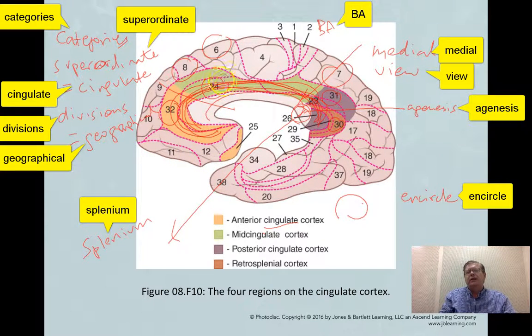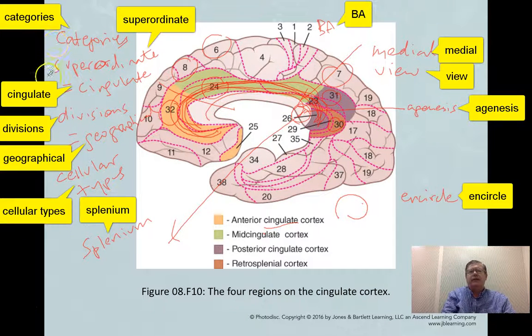It's not. Within each division, we have different Brodmann's areas, which means that there are different cellular types. But it's important to keep in mind that these categories need to be separated: divisions, cellular types, and the superordinate category of the cingulate.